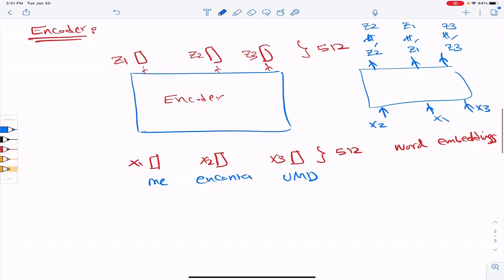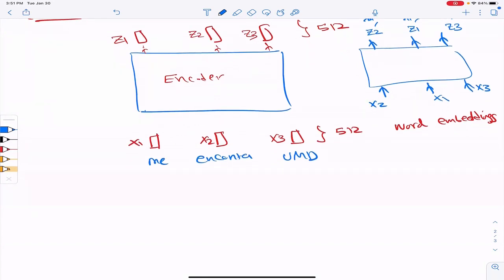The idea is to add some vectors unique to each position to the embeddings of the token in that particular position. And so what I mean is the following.